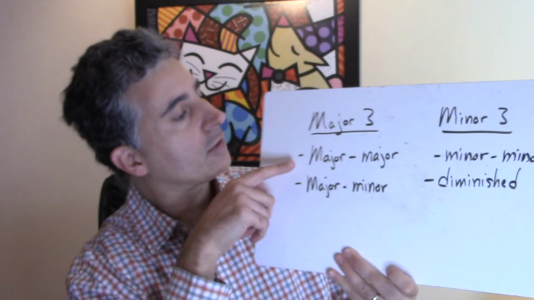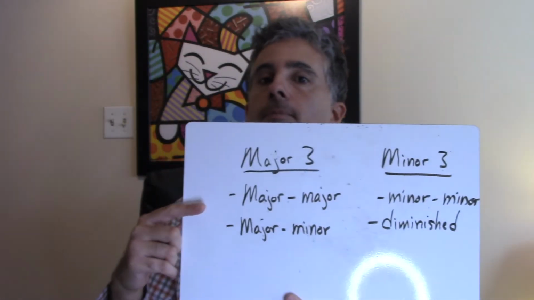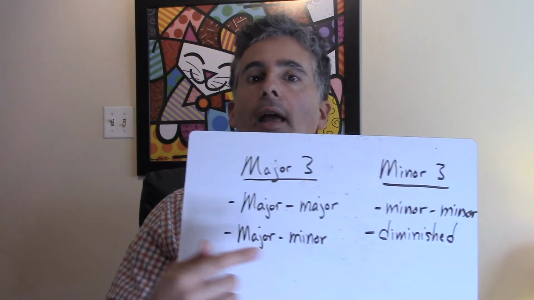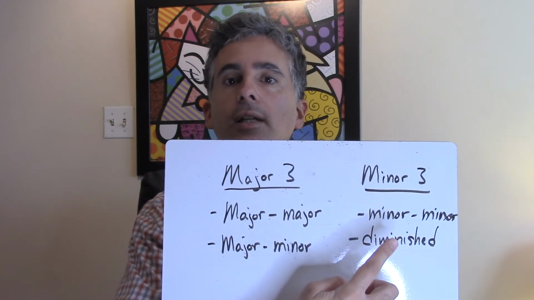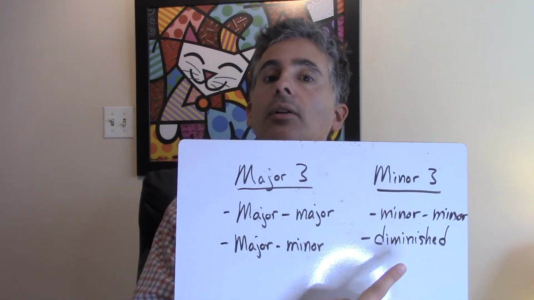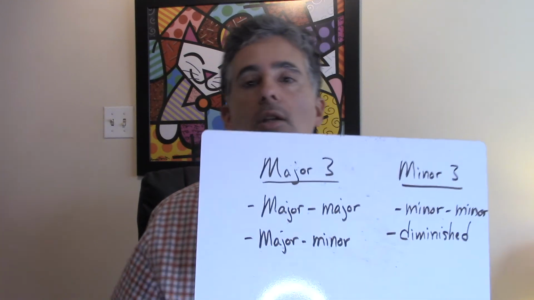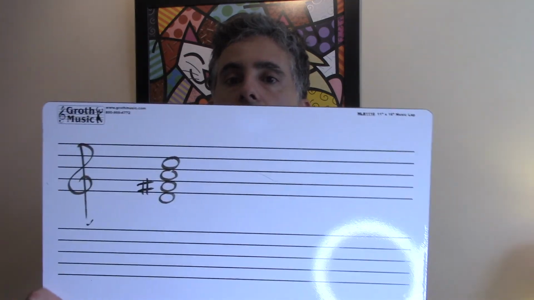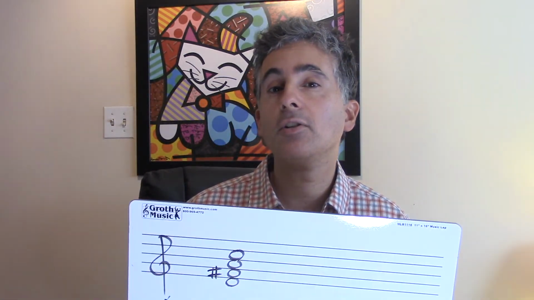If it's a major third, you're dealing with a major major, or a major minor. If it is a minor third, then you're dealing with either a minor minor or one of the half diminished or fully diminished 7th chords. So just by doing that, you get a really good picture of what kind of 7th chord you're working with. So the tip: look at the bottom two notes and figure out if it's a major or a minor.